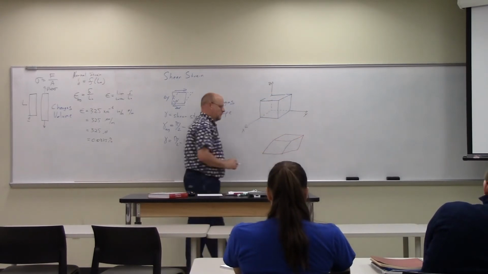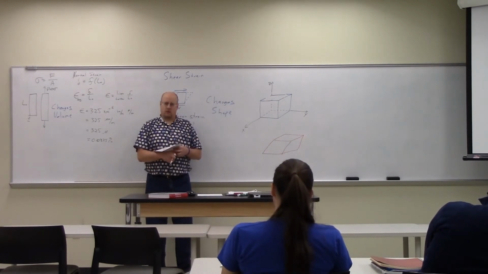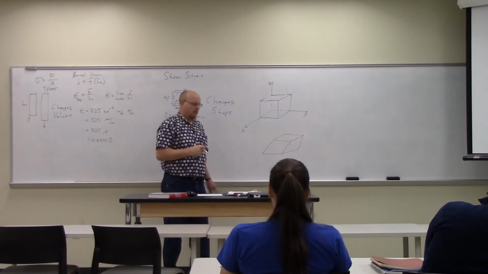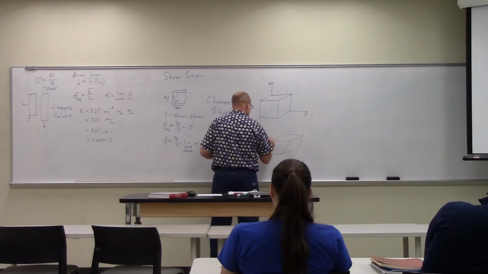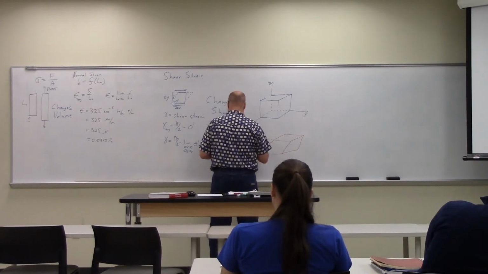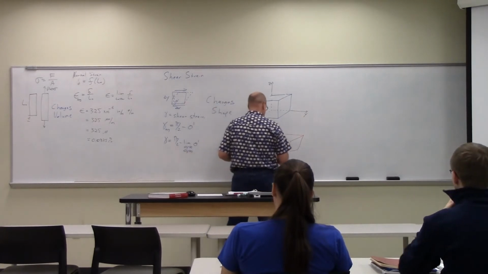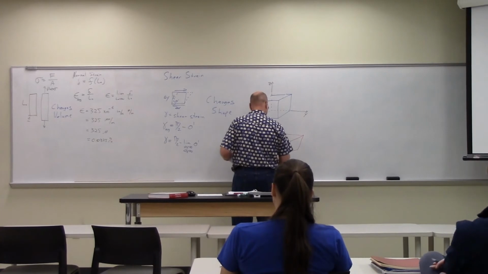I've tried to exaggerate it as much as possible. You see what I've got there? So I've taken this thing and I've pulled it all apart. So now I have a new, this is going to be my delta z, my new z or z prime. This is going to be my new x.